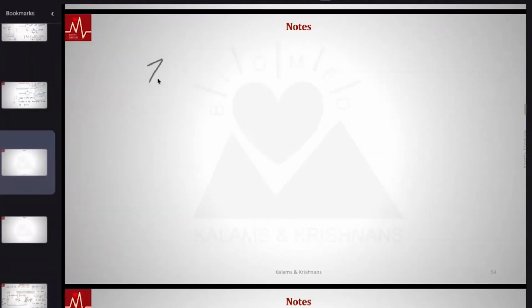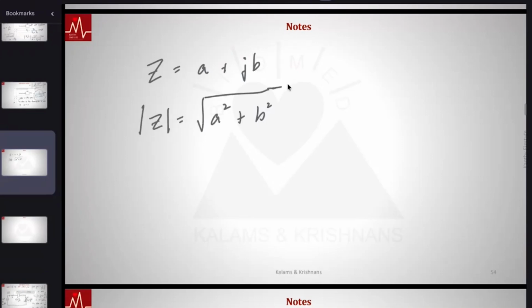See, if Z is A plus jB, the magnitude of this is the square root of A square plus B square, right? Typically this imaginary part happens to be a function of omega. So Z minimum is a sum of two positive terms, this square plus this square.